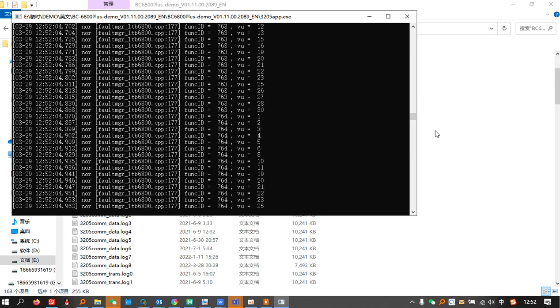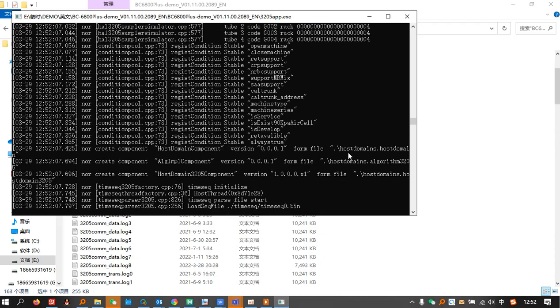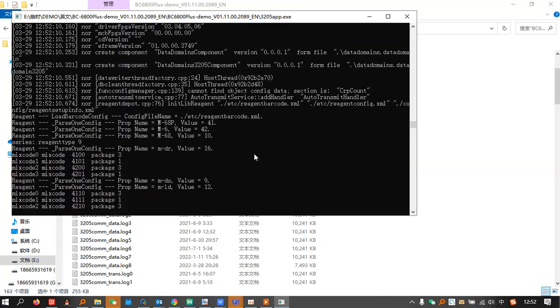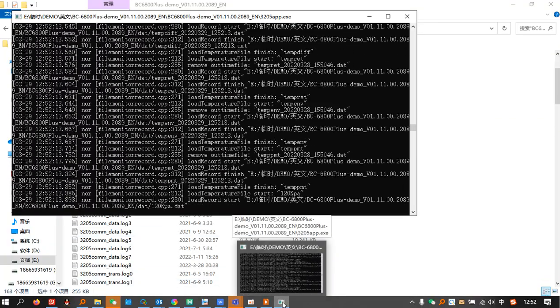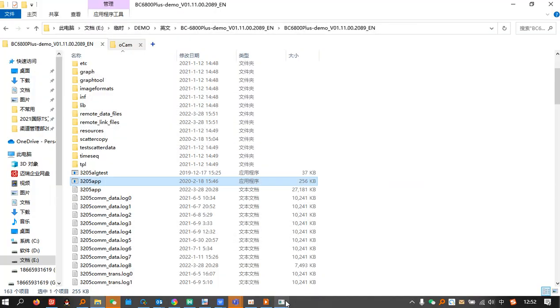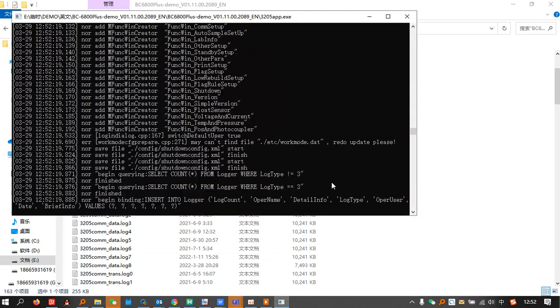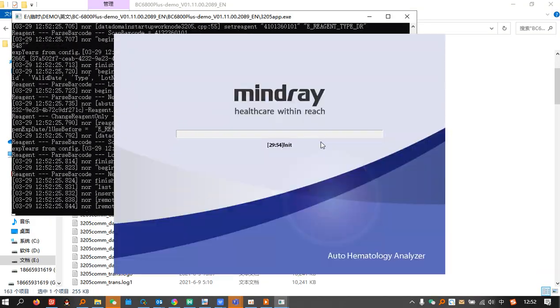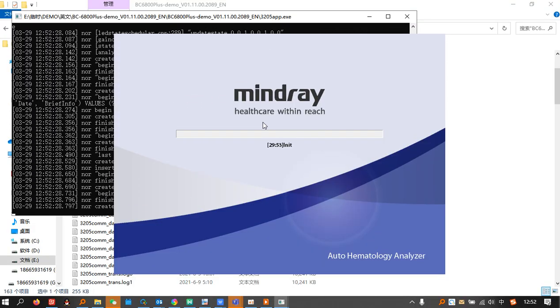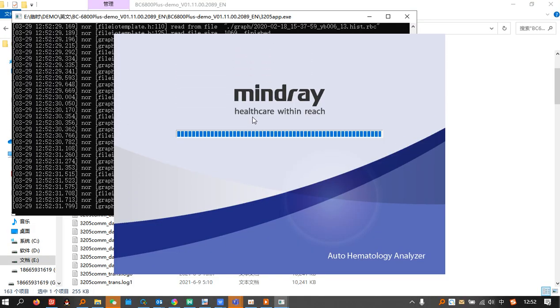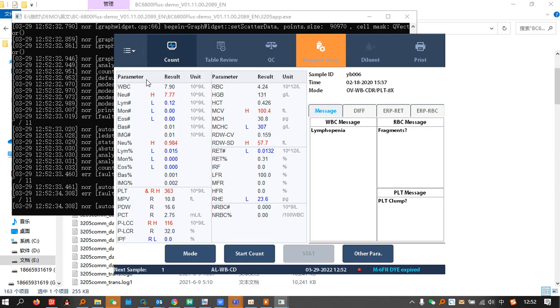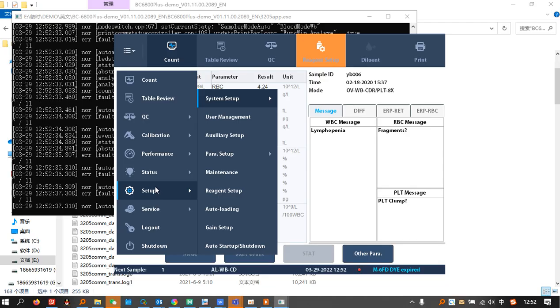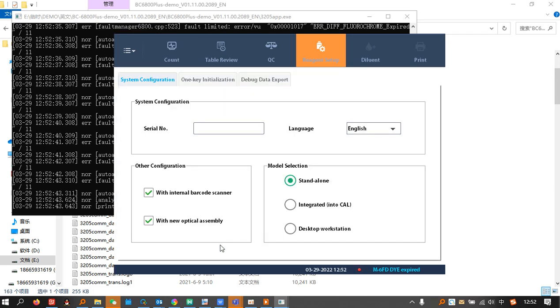But we need to set the option in the advanced settings screen. Wait a minute. Here, model selection.